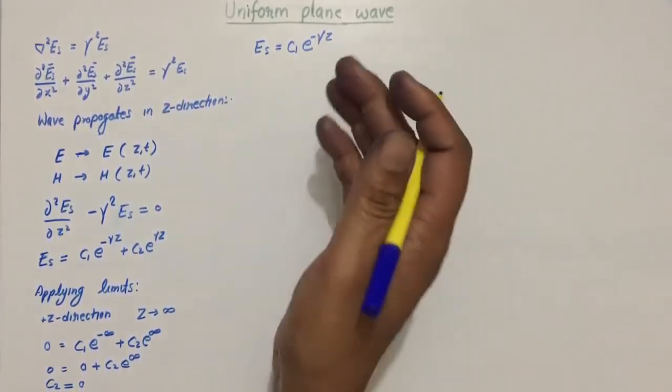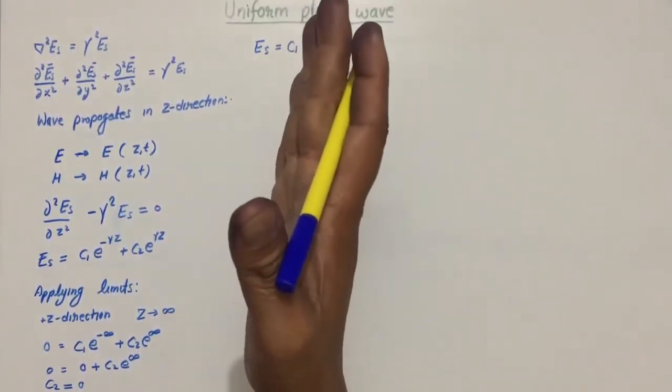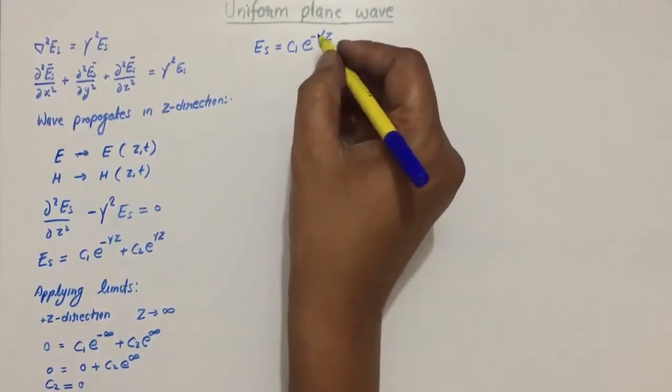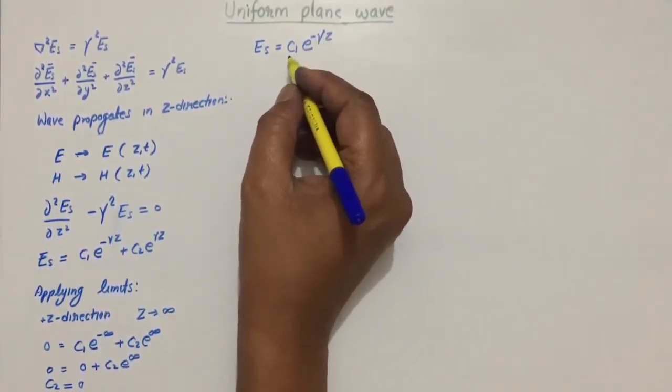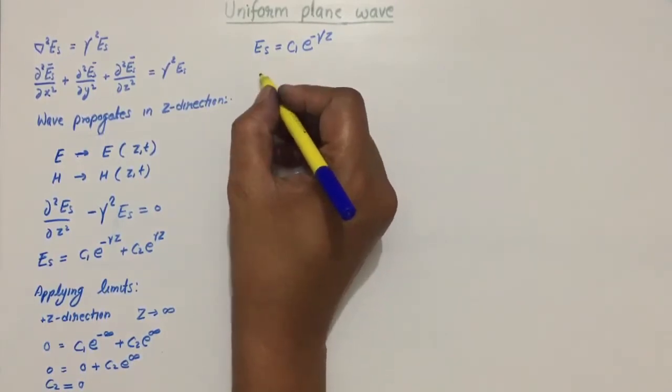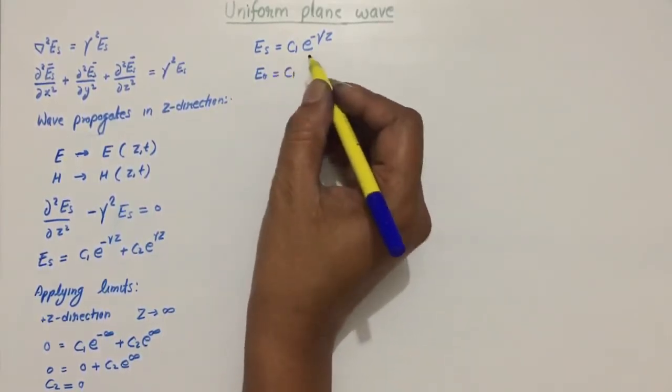Now the second limit, that is z equal to 0, the starting point. When z is 0, the exponential term will be 1 and C1 can be E naught. So in that case E naught will be C1.